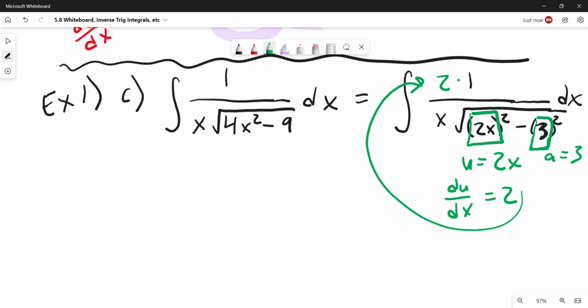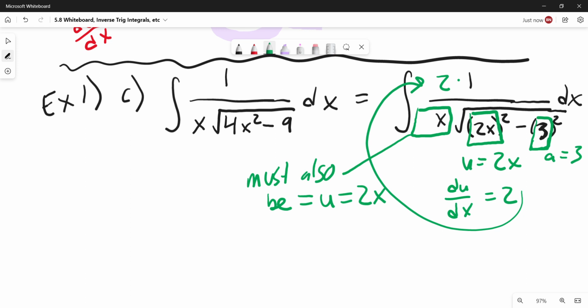So we had the problem that we needed du dx up there because we're undoing chain rule. But we also have the problem, you may not realize it, that this is supposed to be our u. This must also be equal to u, which is equal to 2x, right? But right now it's just an x. We have to make that a 2x. We make the top a 2 for a different reason, because the derivative of 2x is 2.